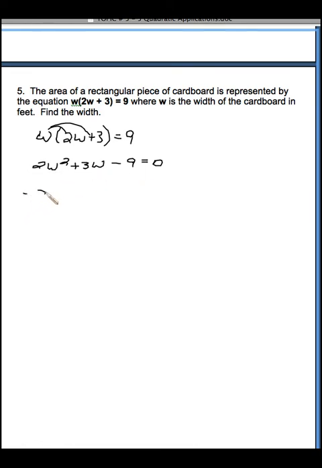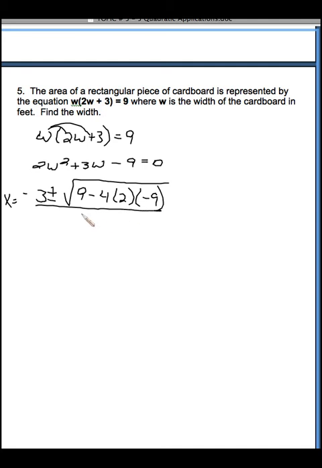We have negative 3, x equals, plus or minus the square root of 3 squared, which is 9, minus 4 times 2 times negative 9, all over 2 times 2, which is 4.